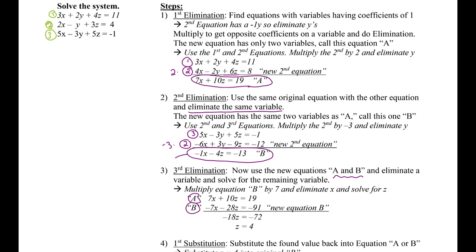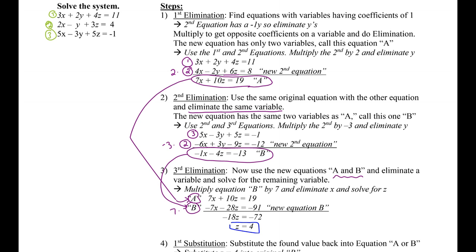So here's our B being moved down. Here's equation A being moved down. And notice that they've multiplied equation B by 7 in order to eliminate the x's. Now I have -18z equals -72, which tells me that z is equal to -4.